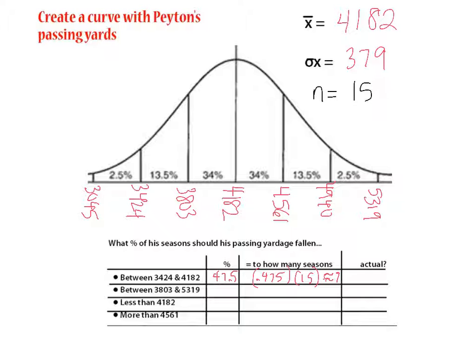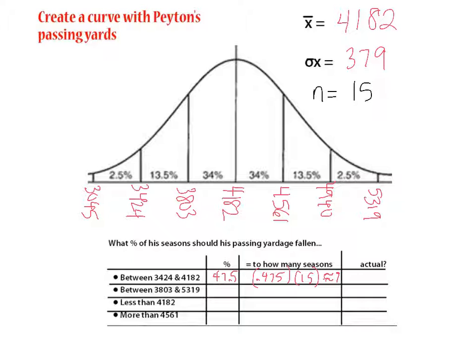Now what I want you to do is go back and look at the list of all the pieces of data that we entered, all the different seasons, and count how many of them really fell between 3424 and 4182. So I'm looking at his chart, and I'm going to count how many fall between there.